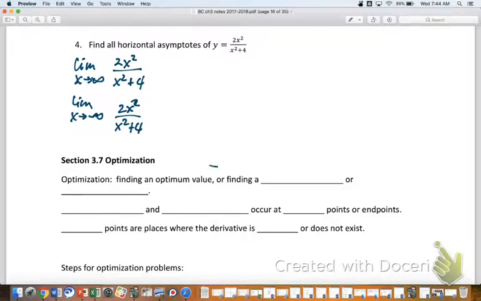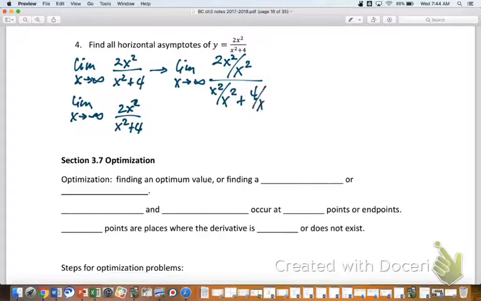So you could do this. You could say division by the degree of the denominator. And so that would be limit as x approaches infinity of 2x squared over x squared over x squared plus 4 over x squared, which would then give us limit as x approaches infinity of 2 over 1 plus 4 over x squared.